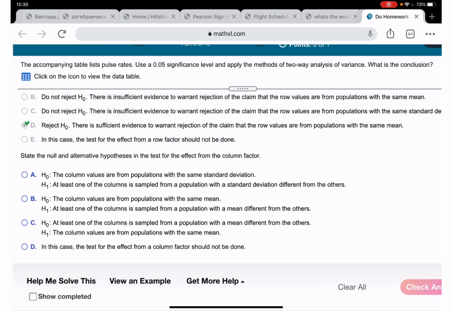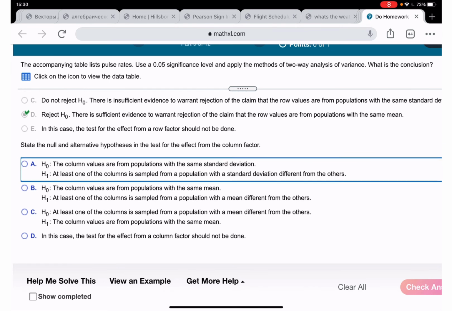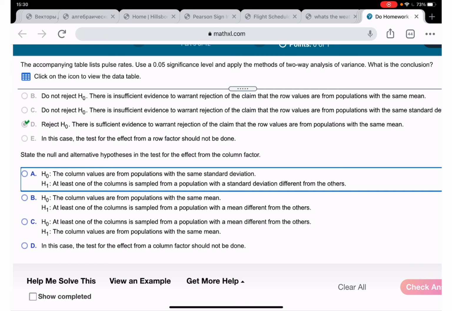Okay, now we're moving to the column factor. We explored the interaction between row and test. Now we are looking at column and test. So state a null hypothesis in the test for the effect from the column test.